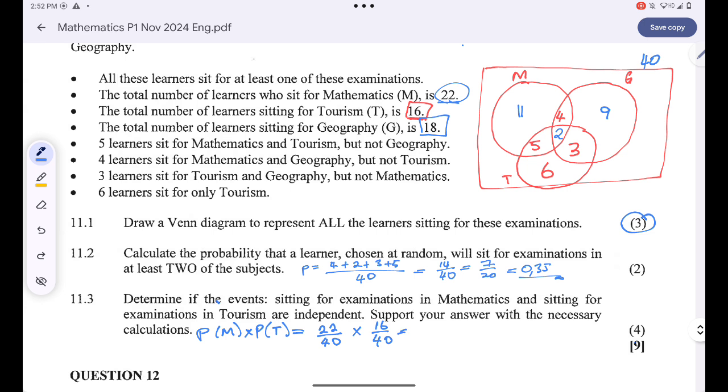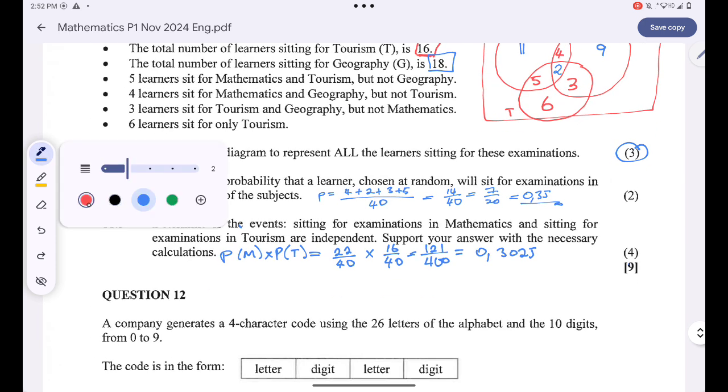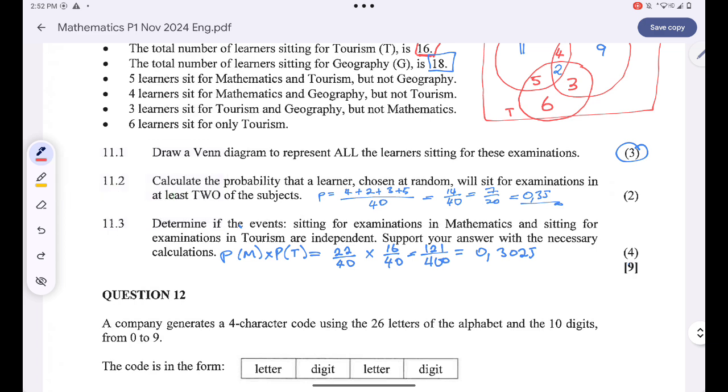Whenever I multiply this, I'll simply get 121 over 400, which can be written as 0.3025.